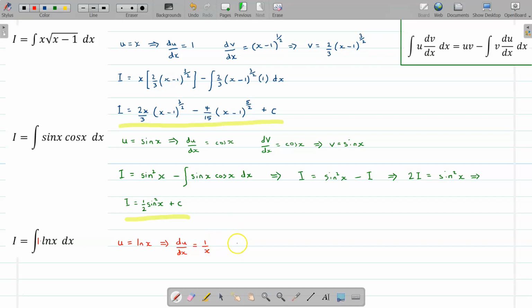And the next thing we do is we say that the dv by dx is equal to the 1. All right, that's the other part. So the 1 is the dv by dx, and the u is the log x. Okay, so dv by dx is 1, which implies that v is actually x.